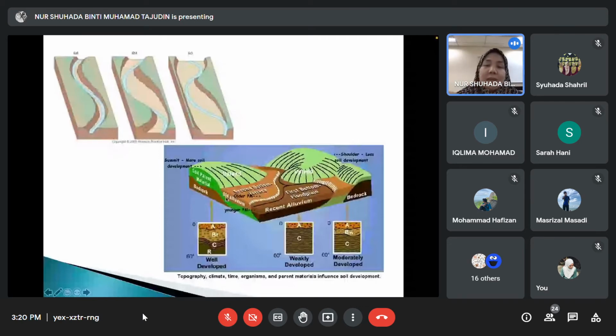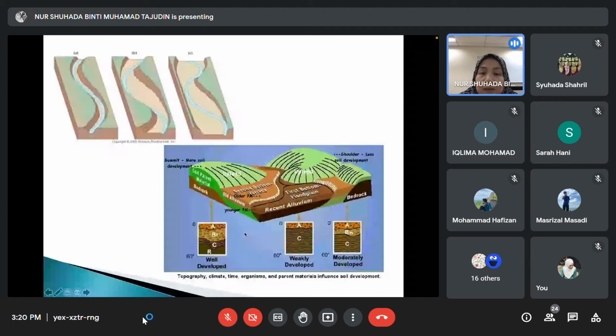But from time to time, because of the process of erosion bringing sediments from top to bottom, the formation of the soil is here. Nampak tak di sini? Ni ada tulis old alluvium, younger. Ni yang kita panggil tanah baru.